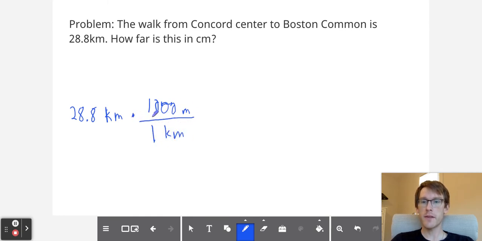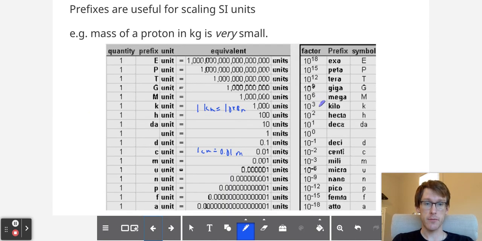And note how I've set this up. I've put kilometers in the bottom because if I take kilometers and I multiply by meters and then divide by kilometers, the kilometers cancel. Km times m over km is m. So at this point, I've converted to meters. So I've got halfway there. I got back to the base unit, right, from kilometers back to meters.